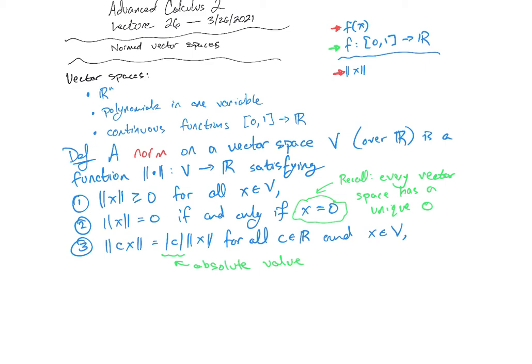The second is that we've said this is true for real scalars, and we said up here our vector space is a vector space over the reals. So that means that our scalars are real numbers. And the fourth one: the norm of x plus y is at most the norm of x plus the norm of y.